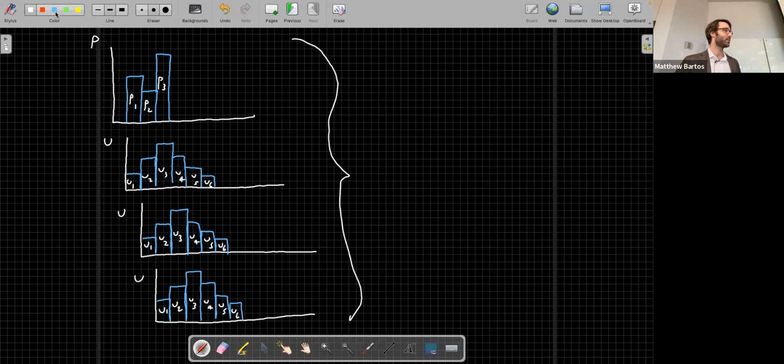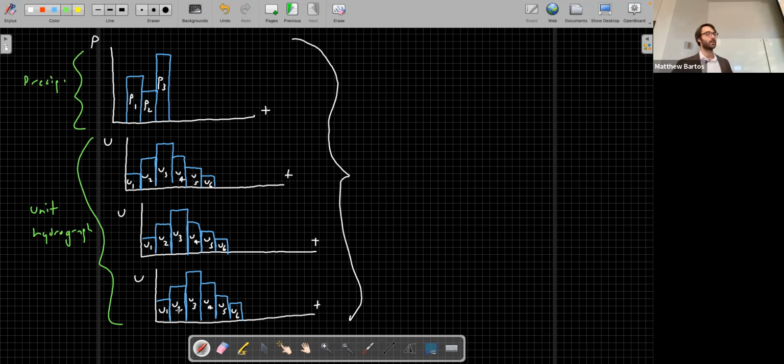So remember, these here are the unit hydrograph. I'm just shifting them over in time. Make a note that this axis here is time. And this here is our precipitation input. Okay. So let's look at how this creates our discharge response.